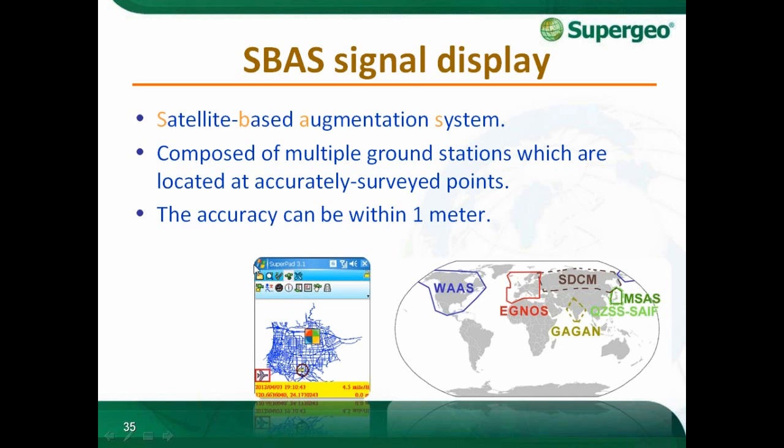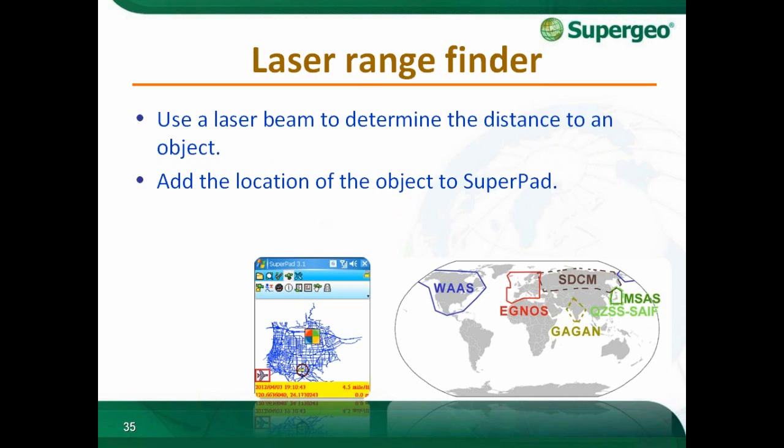In the SuperPad interface, you will see an airplane icon if you are receiving the SBAS signal. If you see this plane icon, you can believe that your data is coming in with high accuracy.